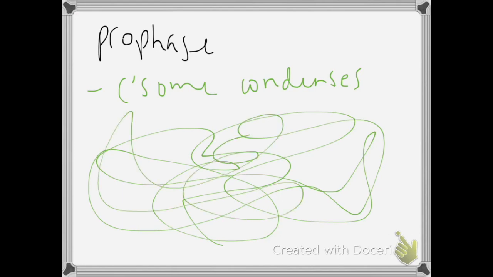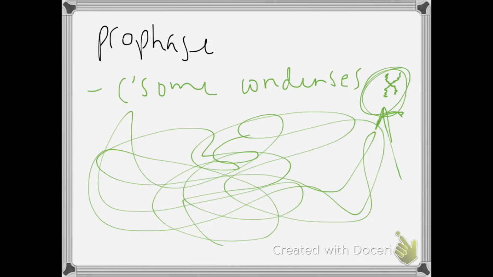And all of that will condense into something that looks like this that you're used to. So prophase, always think chromosomes are condensing into what we know as these structures of chromosomes. So the chromosome condenses from chromatin to a chromosome, and we also get the formation of the mitotic spindle.